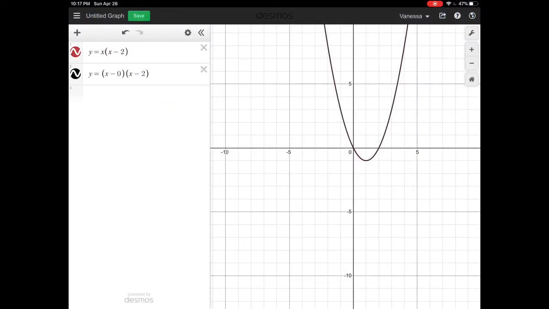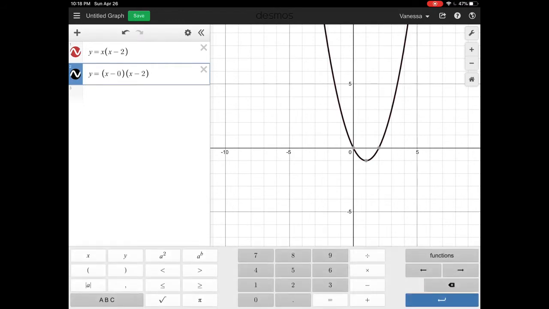So for this one, we notice that both the right side and the left side of the x-intercepts, both sections are positive. Now my question is, what do you think would happen if we have a negative? So please pause the video so that you can predict what will happen if we add a negative.